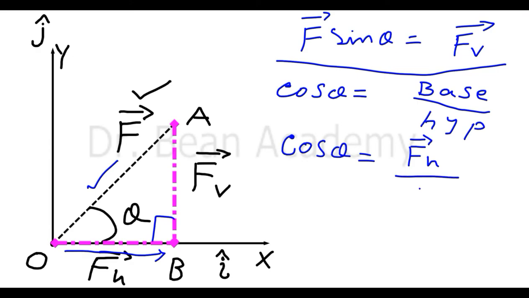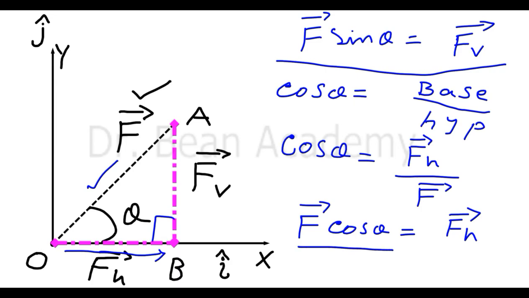Hypotenuse is the same F. Once again, I will isolate F subscript H because I am interested in finding the horizontal component of force F. I will multiply this equation with F to find that the horizontal component of force F is equal to F cosine of theta.